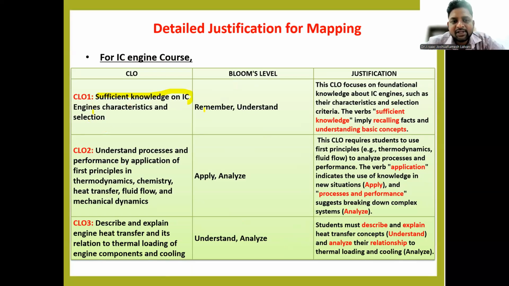As I told you, I categorized this as remember and understand. This outcome focuses on the foundation of basic IC engine knowledge, such as characteristics and selection criteria. The words sufficient knowledge imply recalling facts and understanding basic concepts, so I categorized this course learning outcome under remember and understand.